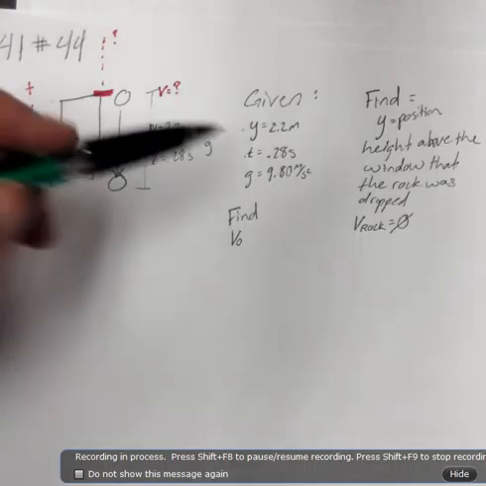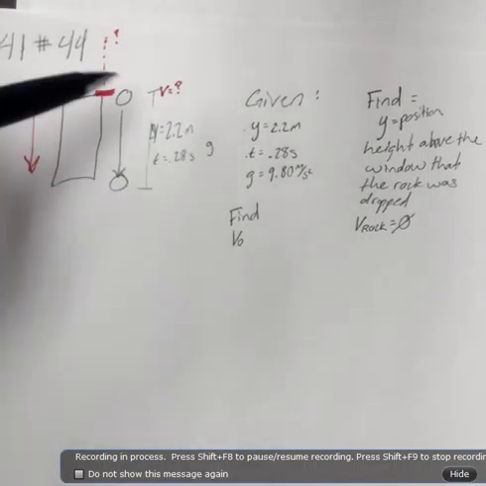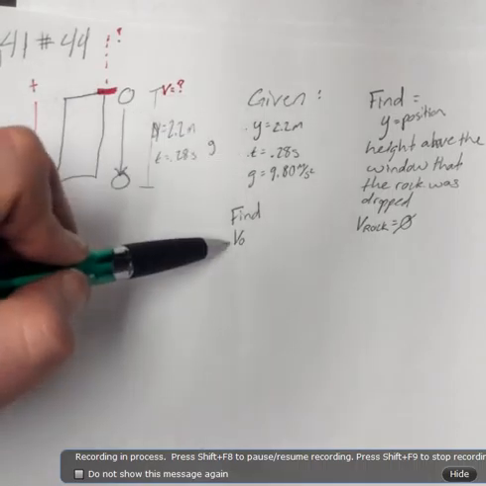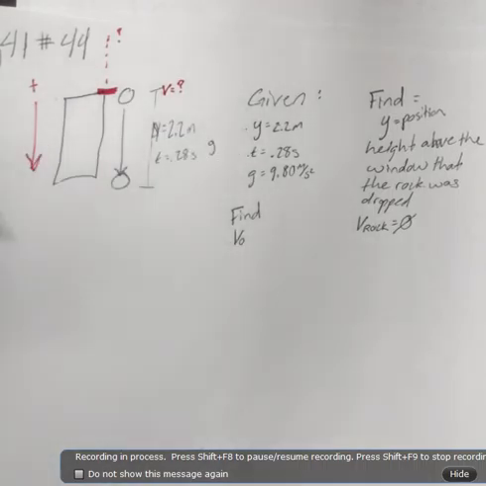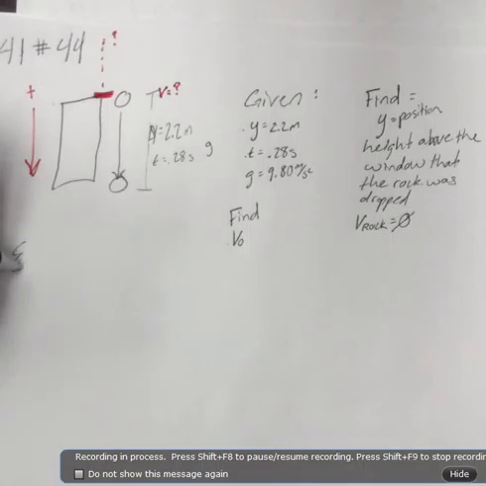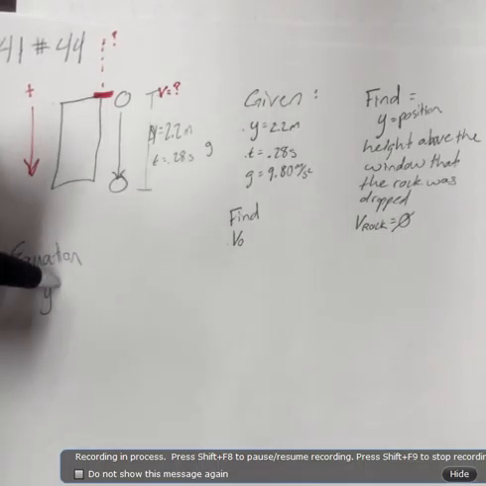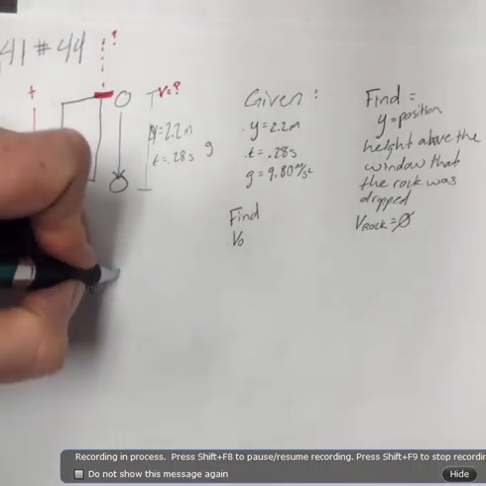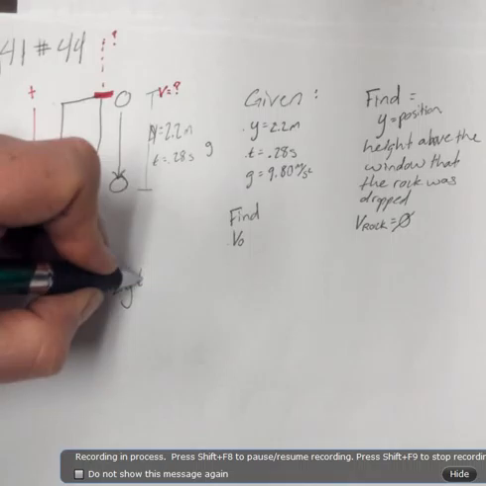So I'm going to find the relationship between this velocity right here, which for these variables is the initial velocity, and that means that I should be using the equation y equals v naught t plus 1/2 g t squared.